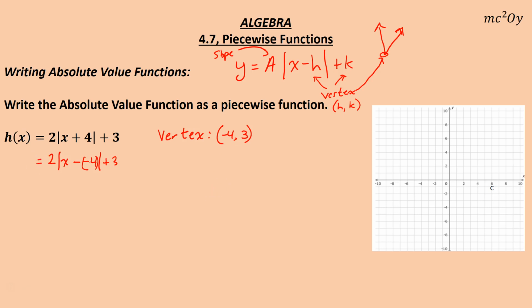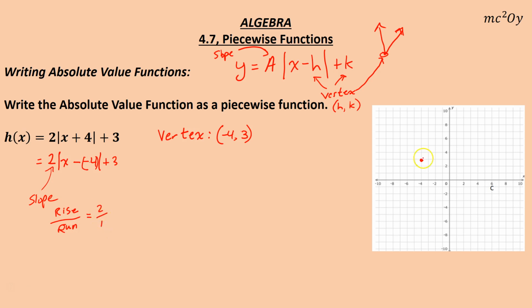So what I can do now is plot the vertex. It's at negative 4, positive 3. That also helps me because it shows me that's where my graph is going to turn. Remember, this is like a slope, like a rise and run, and in this case the rise and run would be 2 over 1.